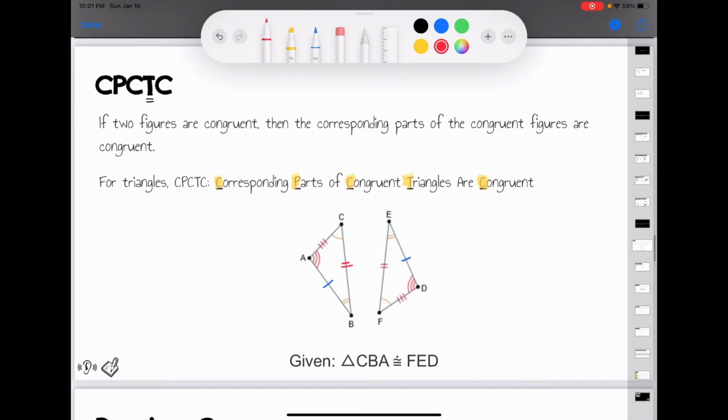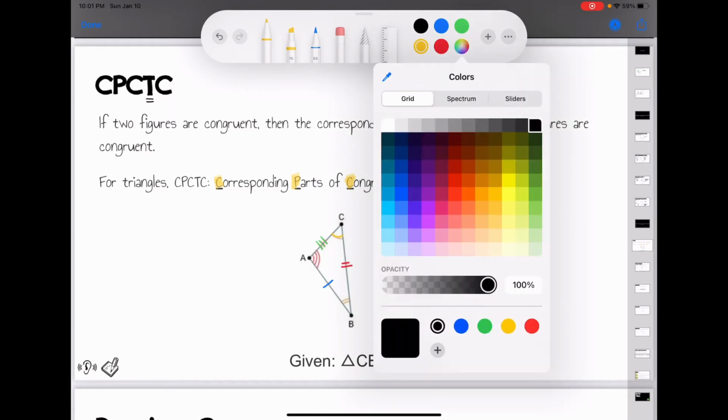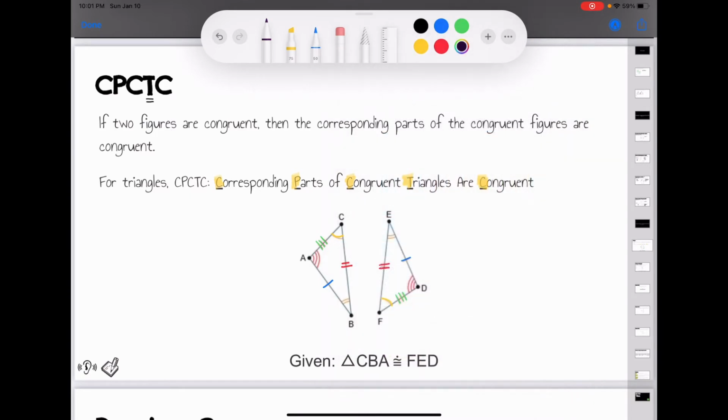This line segment would match the location of this line segment, therefore they are in fact congruent. This line segment matches to this line segment, and they are congruent. This angle matches the location of this angle on that triangle, and they are congruent. This angle matches the location of this angle, and they are congruent.